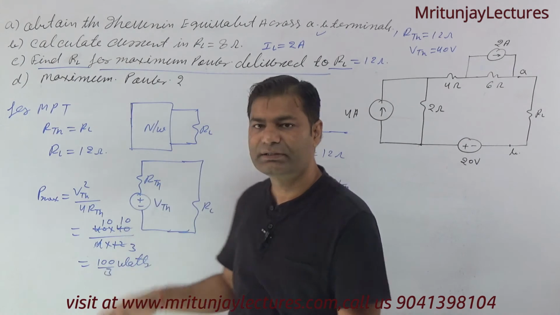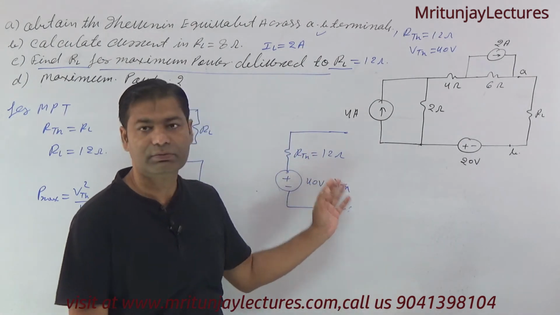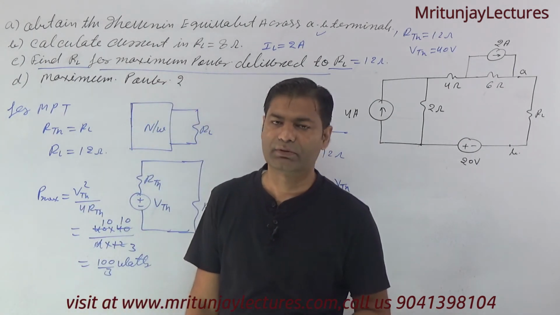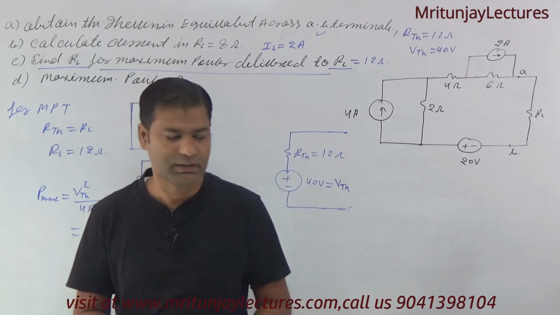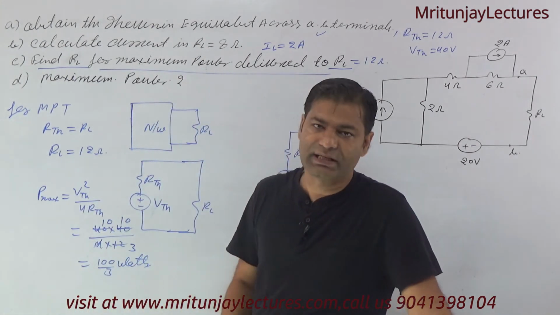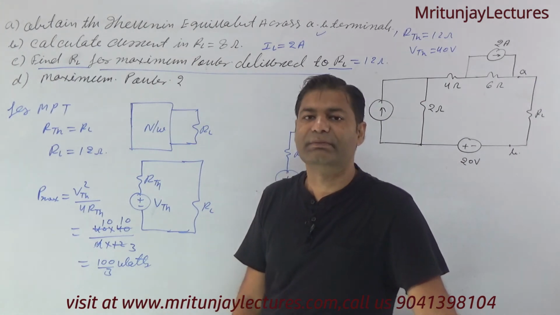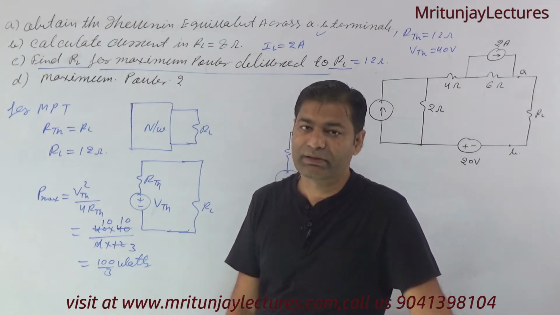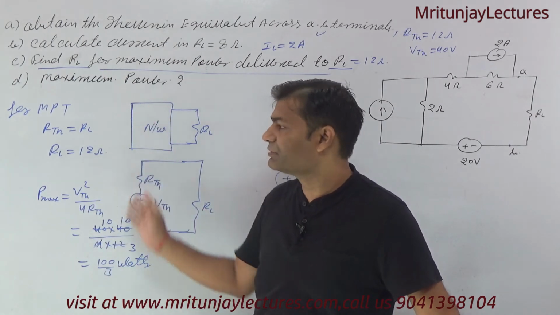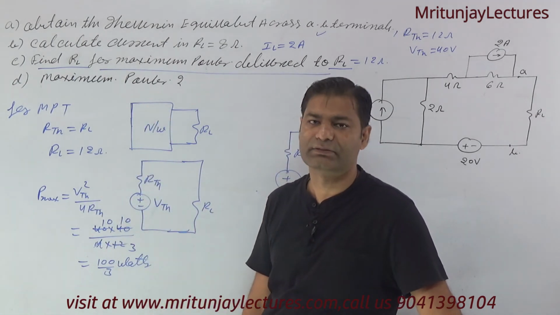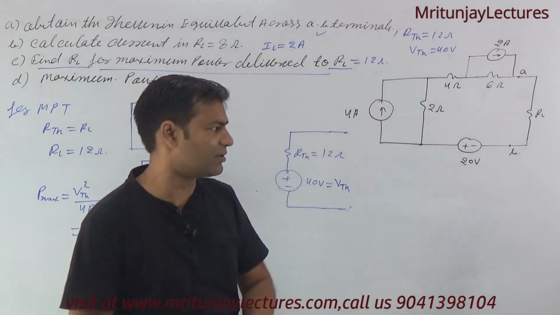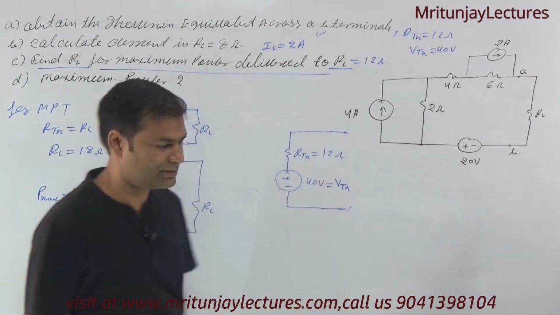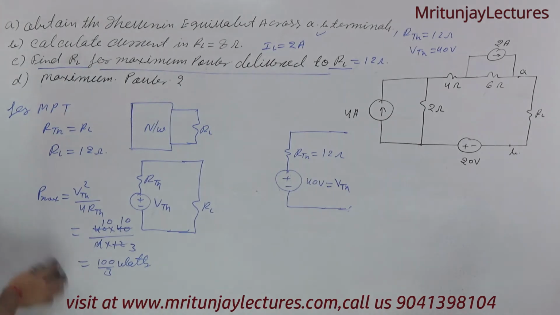I have already done it, that is 12 ohm. So RL is equal to 12 ohm. Clear? Now the next target is maximum power. Pmax is equal to VTH square divided by 4 RTH. So put this value and get the answer. Clear or not? If you face a problem, then tell me, sir, I face a problem, and comment it. Okay, so make it.